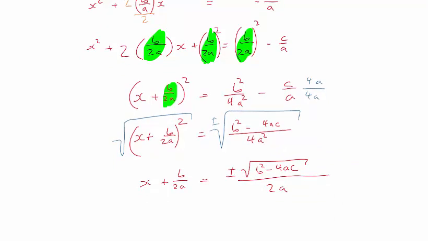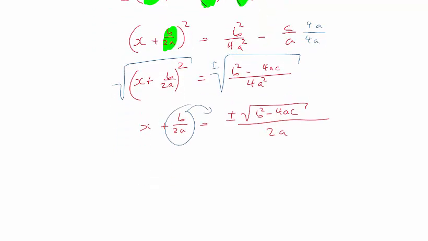Alright, now all we got to do, move that guy over so that we have x equals negative b divided by 2a plus or minus the square root of b squared minus 4ac divided by 2a.